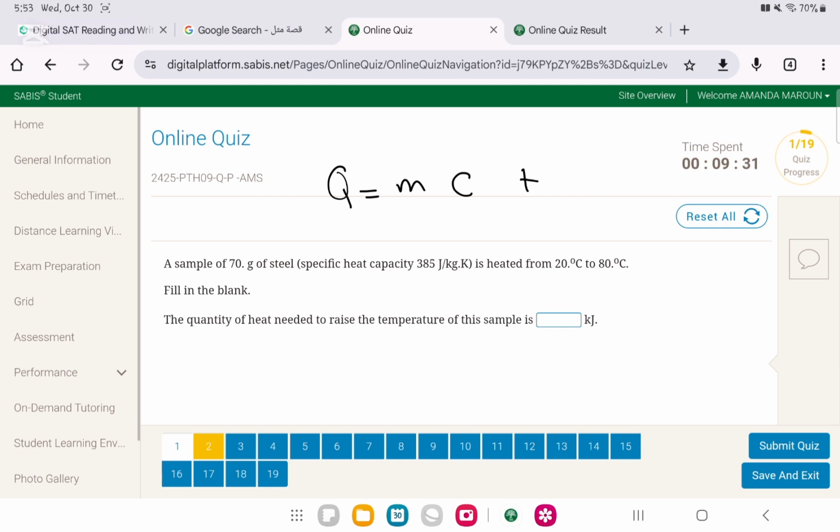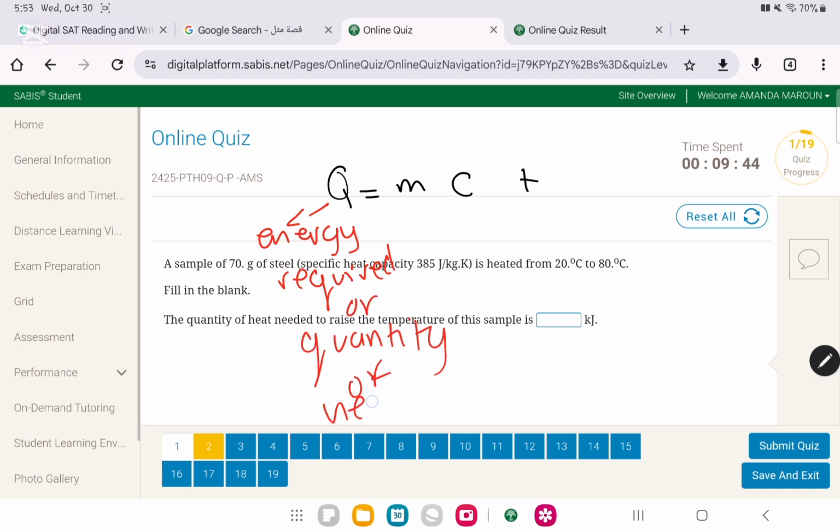So Q is the energy required, or the quantity of heat needed. Next, we have our mass, m.